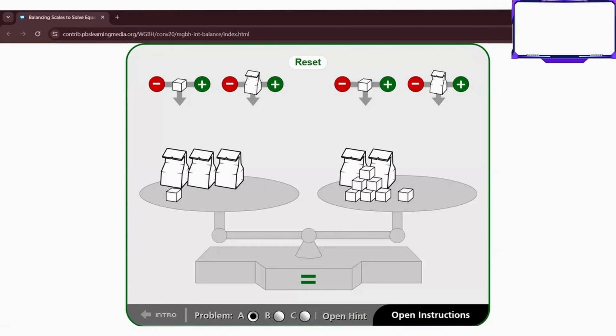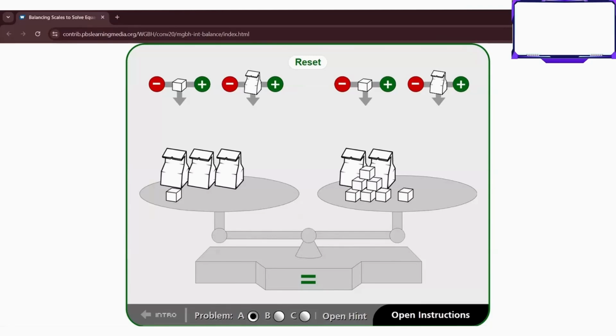Sir, there are six cubes in one bag. We can find that out because on the first side there are 3 bags with an unknown number of bricks, and then there's one outside. On the second scale, there are 2 bags, and then there's only one block left.